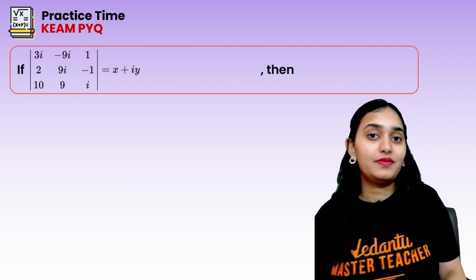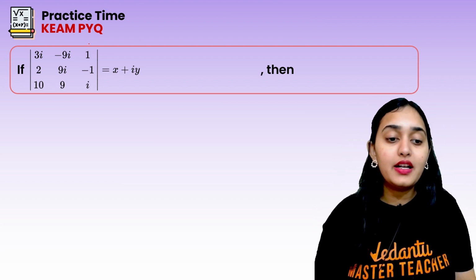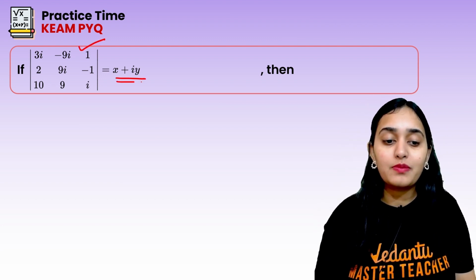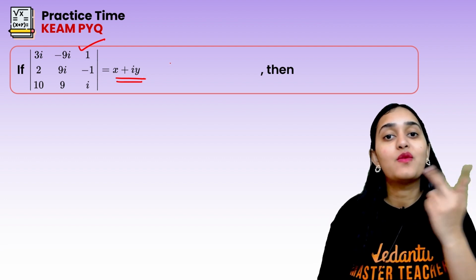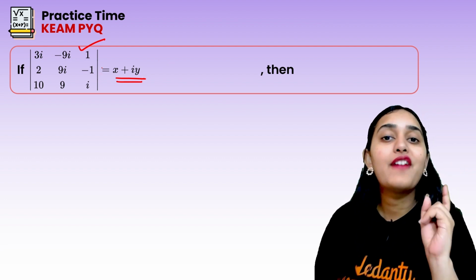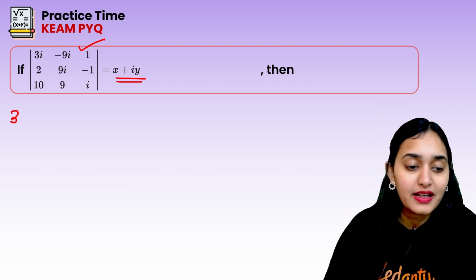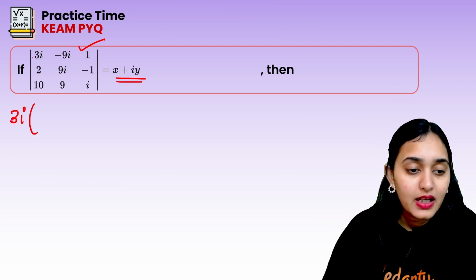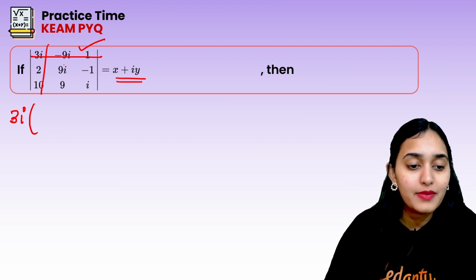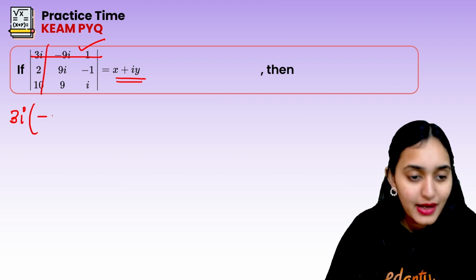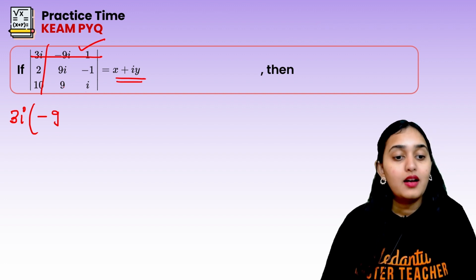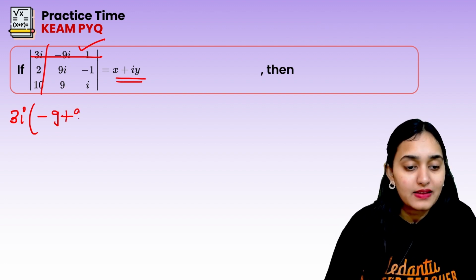Next, again an interesting question. If the determinant is equal to x plus iy, then what is x? What is y? First, find out the determinant. So how do you find the determinant? First number, remove its row, remove its column. 9I into I is minus 9. Minus of minus, plus 9.